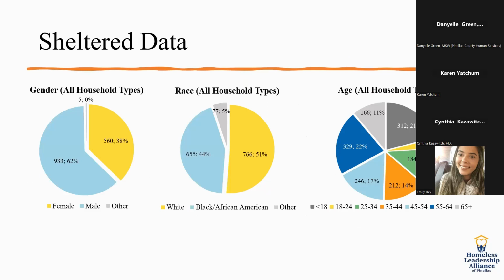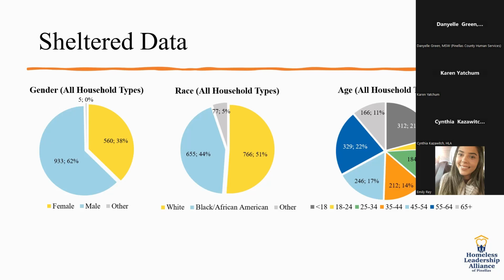Here is a breakdown of the gender, racial, and age characteristics for all of the household types. Within the shelter data, there is emergency, transitional, safe haven, and domestic violence. And the domestic violence can be broken down further. So these represent all of the household types.